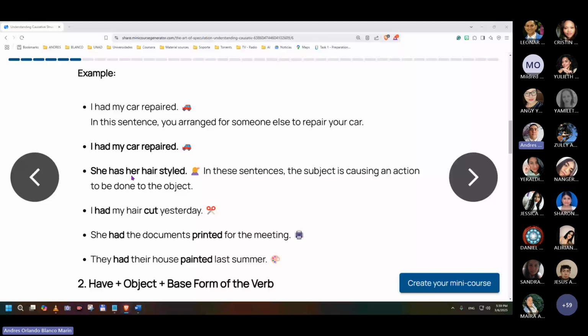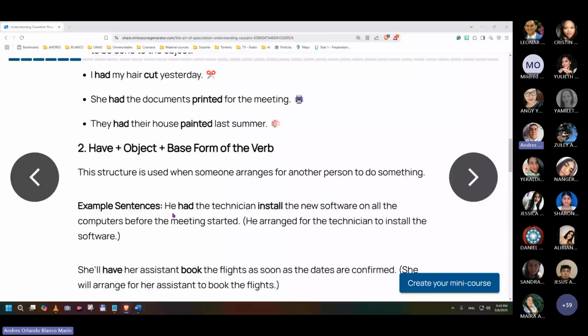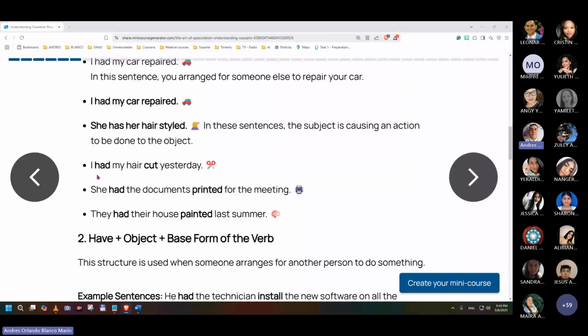She is arranging for someone to comb or to brush her hair. I had my hair cut yesterday. It's the same situation, but from third person to first person, and this is past tense.